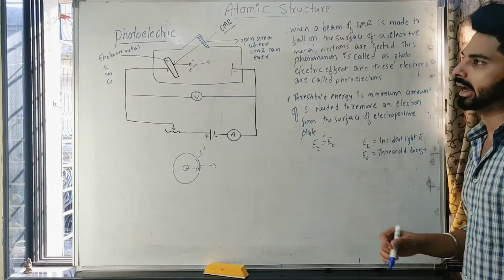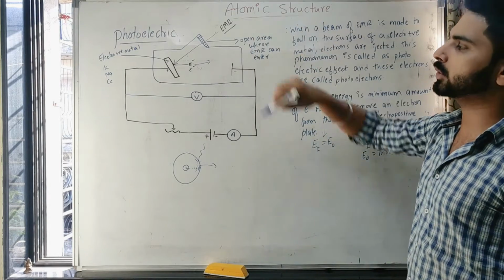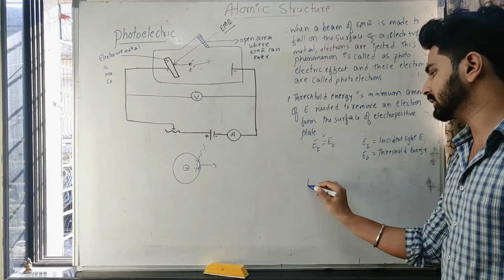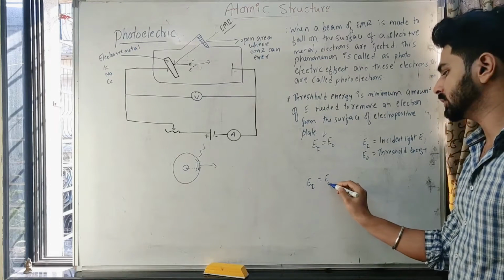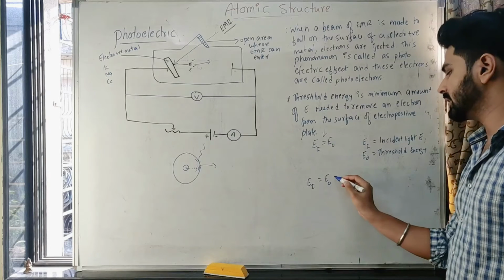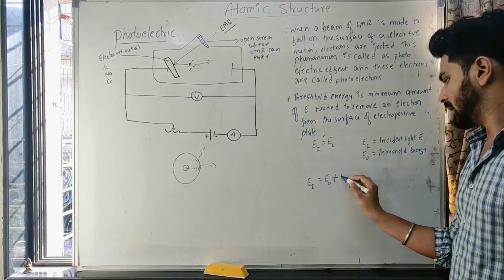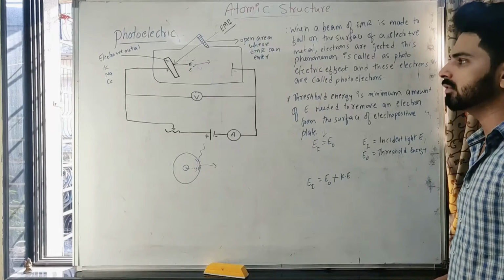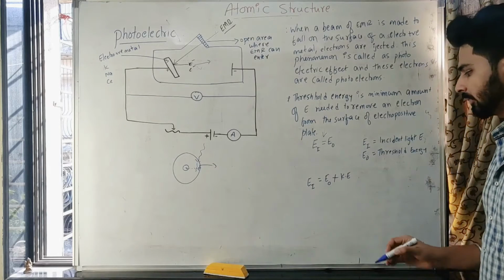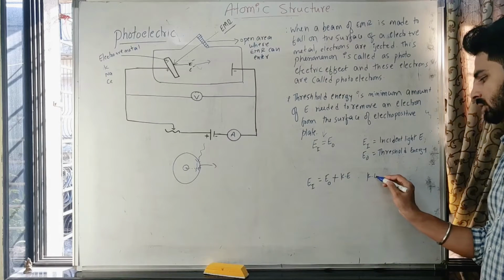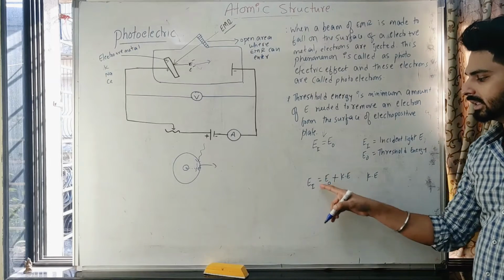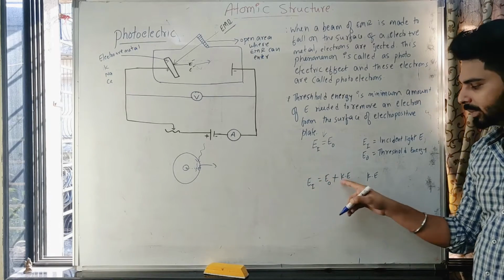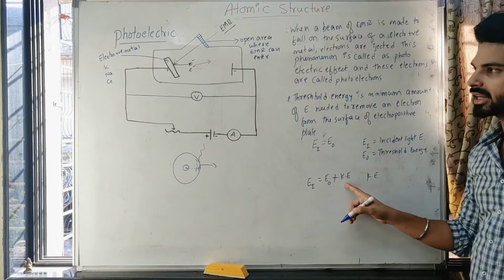Now, as I told you, if I apply excess energy, then what happens? The equation will be: incident light energy equals the minimum energy required plus kinetic energy. The rest will all become kinetic energy. So this is how we can write the energy conservation equation, where whatever energy the incident light supplies will be distributed as threshold energy plus kinetic energy.